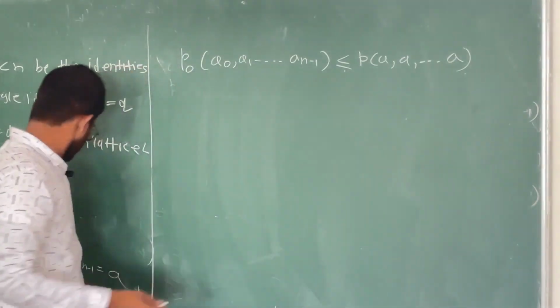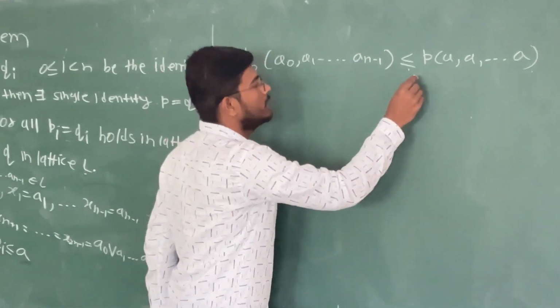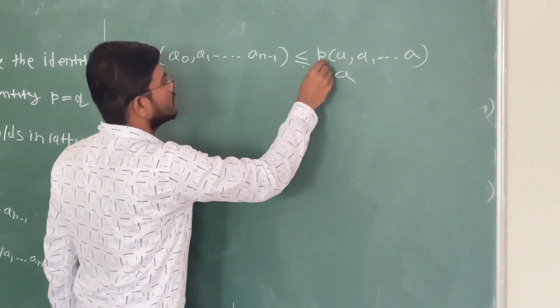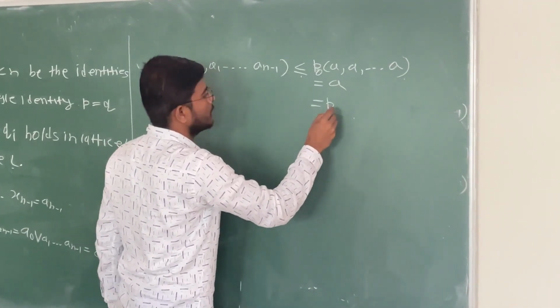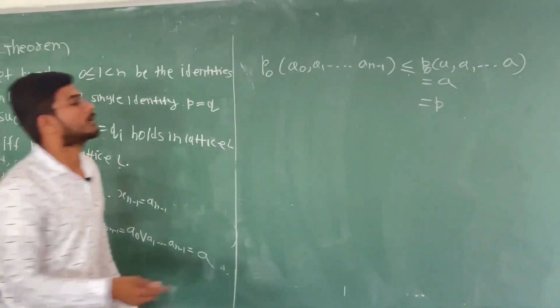So this is a fixed value, that is a monomial. So we have this value as a. And for this a we can here also write p1.